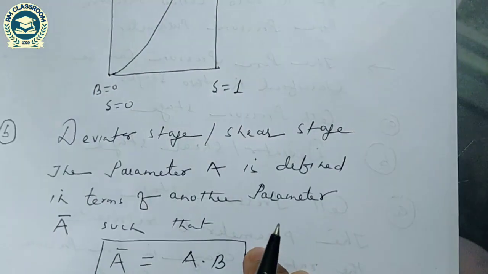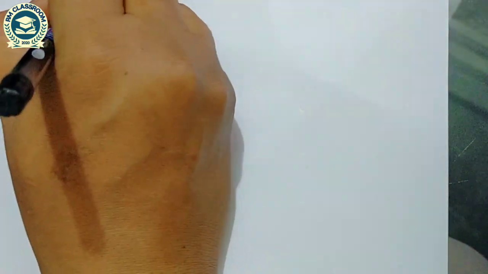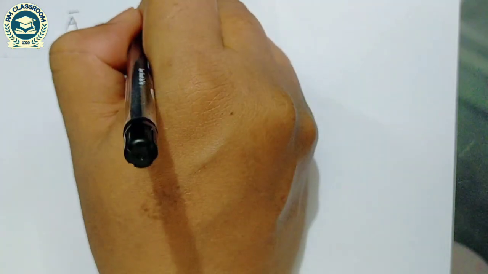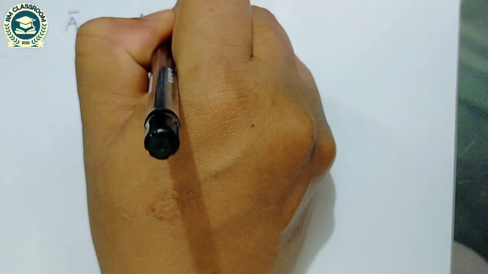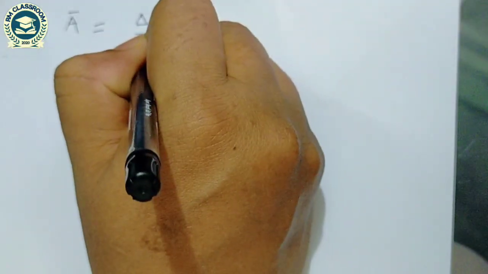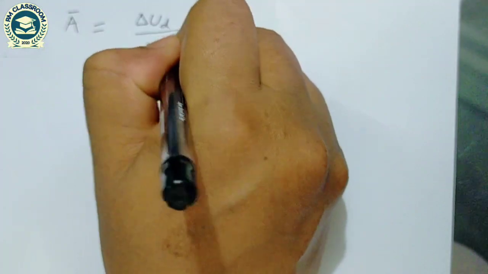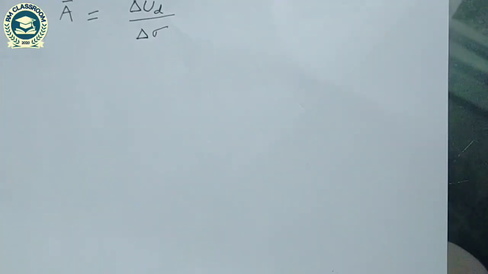So A bar represents the ratio of change in pore pressure to the change in deviator stress. This A bar can be written as change in pore pressure, and this pore pressure is due to the deviator stress, that is delta U D, divided by delta sigma D.